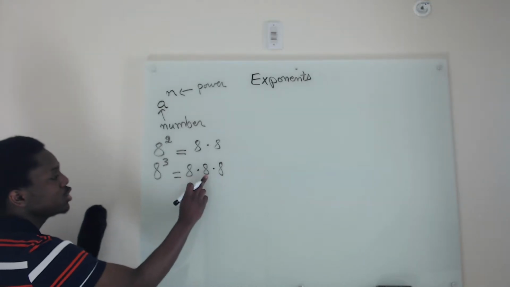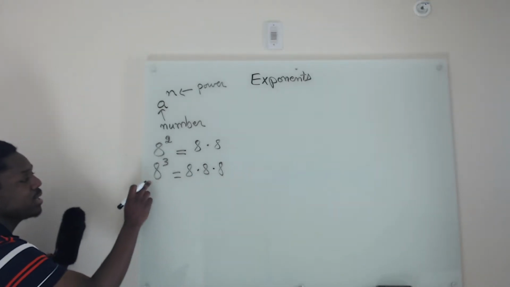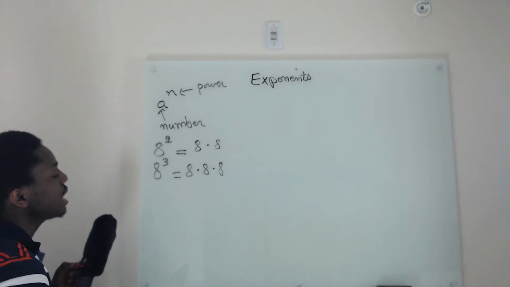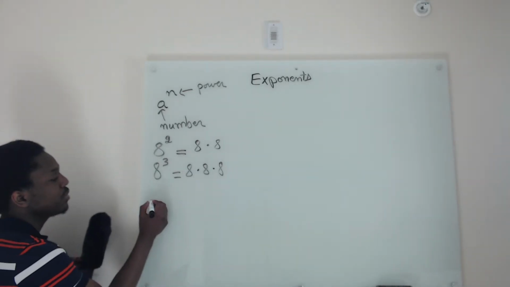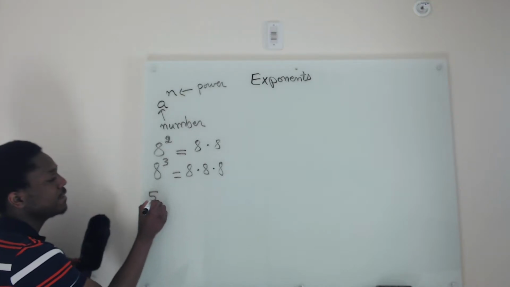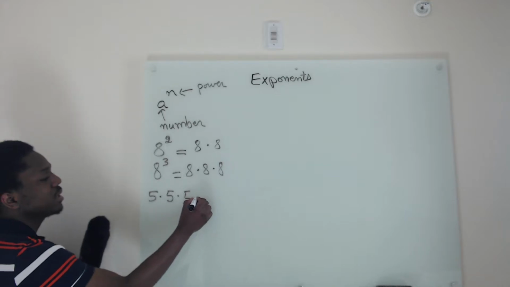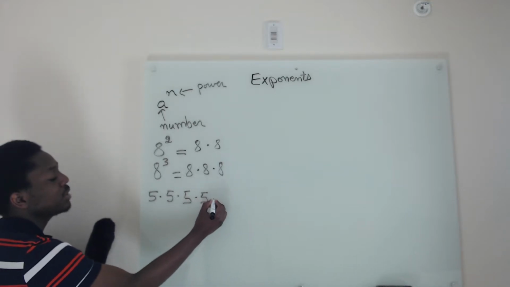So 1, 2, 3. So that's why we have 8 to the power of 3. Okay?